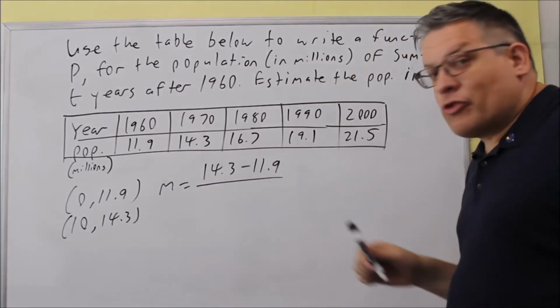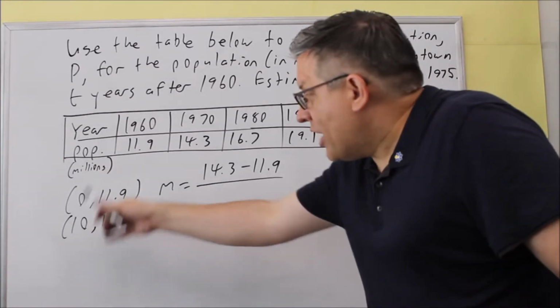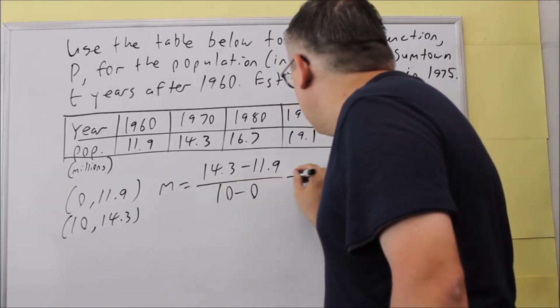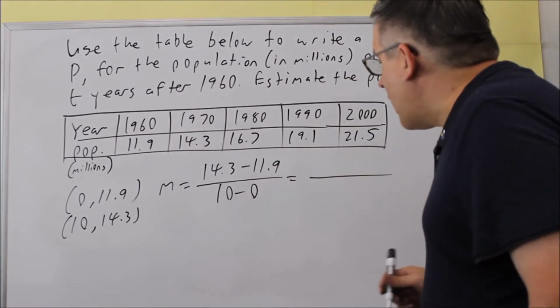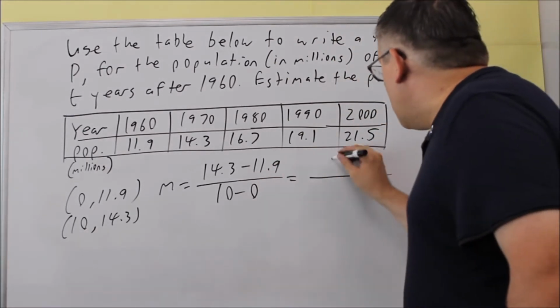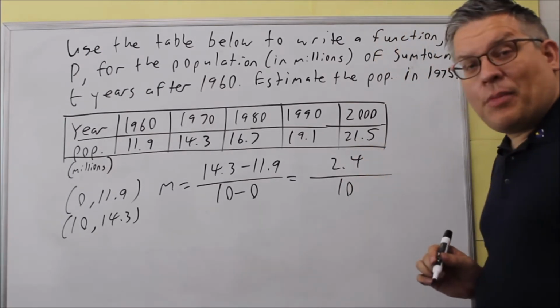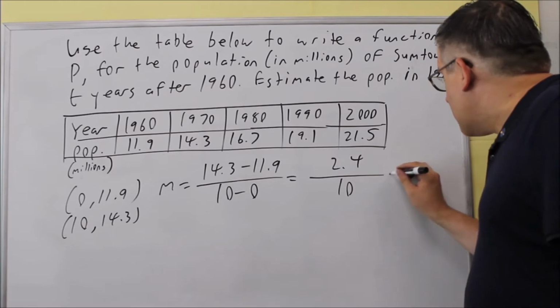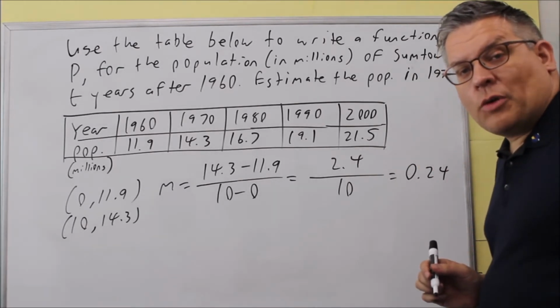That way it remains positive. Now I do the same thing down here. I'm going to do 10 minus 0. By subtracting those, the top is going to be 2.4. And then you're dividing that by 10, which means that the slope is going to be 0.24.